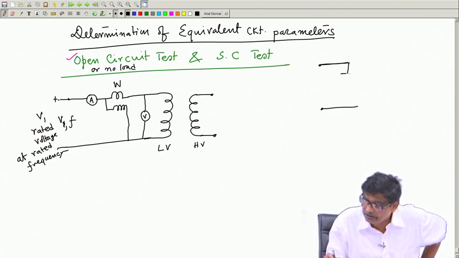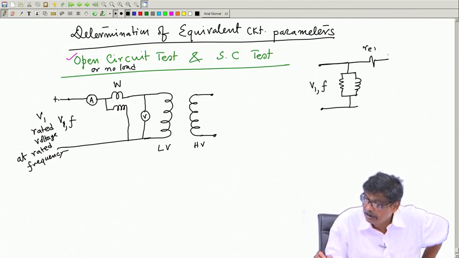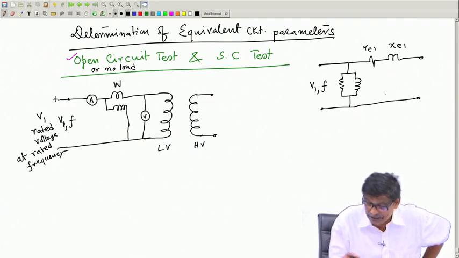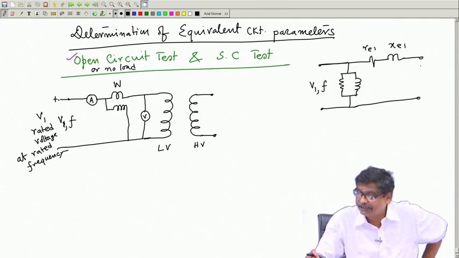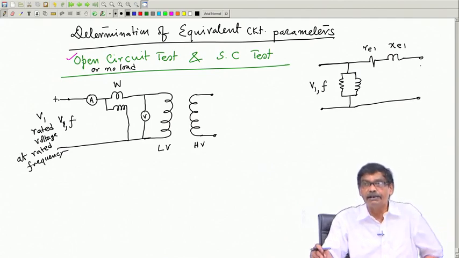What is the approximate equivalent circuit then? Here V1 at frequency f is given, RE1 and XE1 are there, but these are open circuited because nothing is connected on the secondary, it is infinite. So this open circuit will be reflected in the equivalent circuit also.